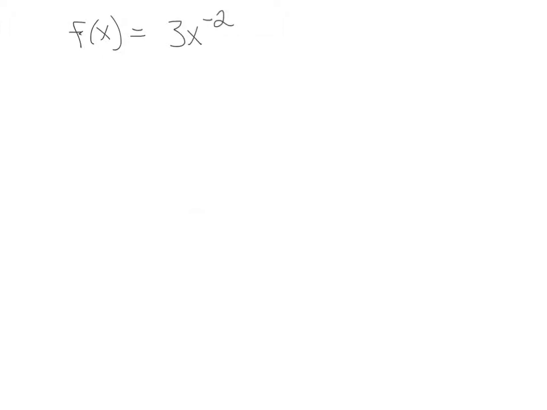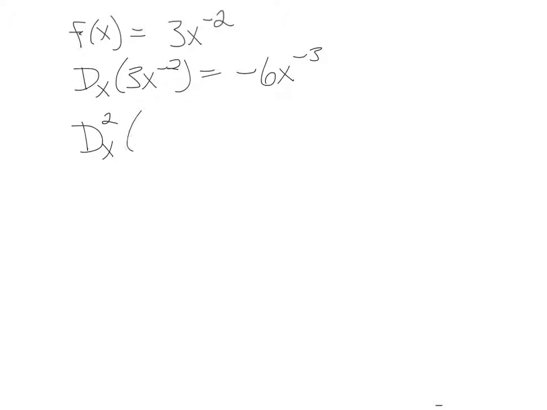Now let's take a look at f of x equals 3x to the negative 2 power, and let's use operator notation. So if I want to take the first derivative of 3x to the negative 2 power, that'll be negative 6x to the negative 3rd power. To indicate that I'm going to take a second derivative, I put a superscript of 2 on my derivative operator.